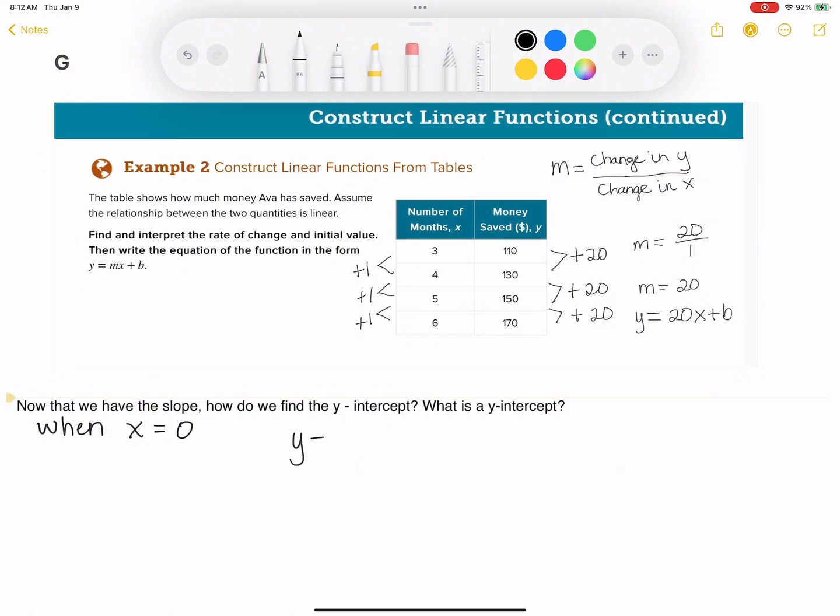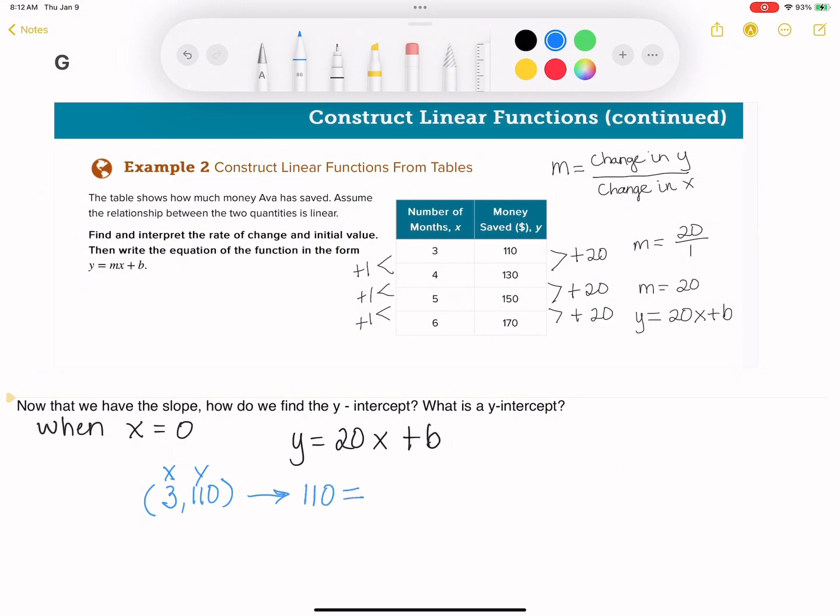One of the ways in which we can find our y-intercept is to take an ordered pair from our table and plug it into the equation. So I have chosen the first set of coordinate pairs. Our x value would be 3. Our y value would be 110.